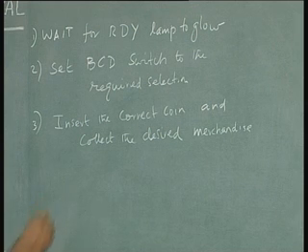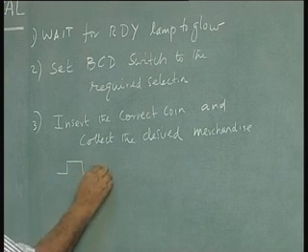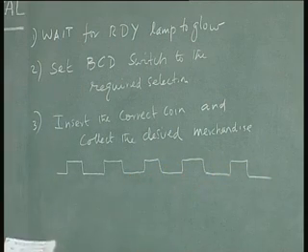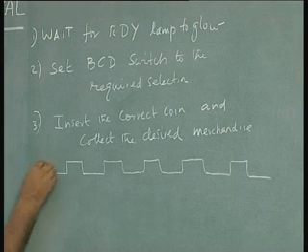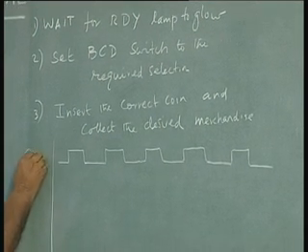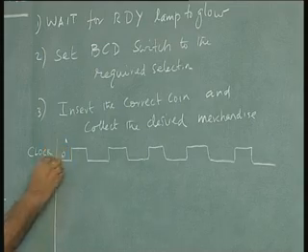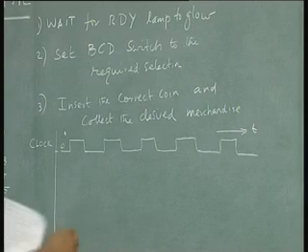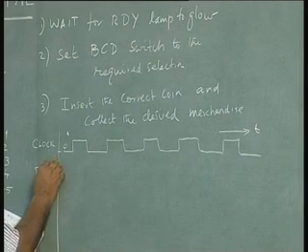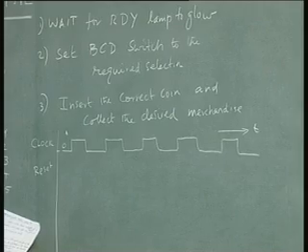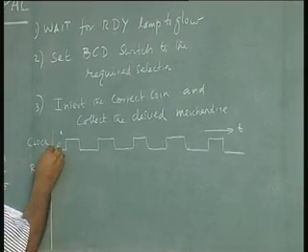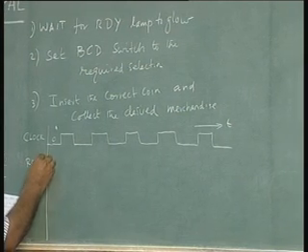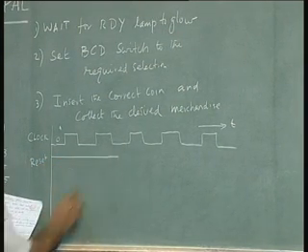So, what we are doing is, the clock will go on. Let us say this is the clock. Zero, one, time. So, initial reset: when the reset is on, it will take several clock cycles.